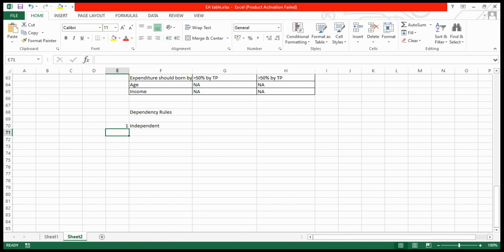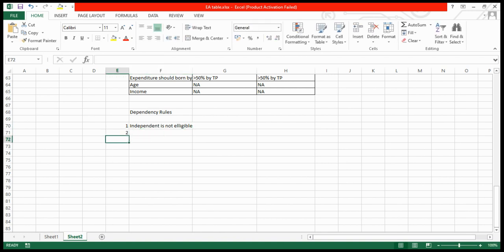If you file a return, then you cannot be claimed as a dependent. So you should not be independent. That is the first condition.